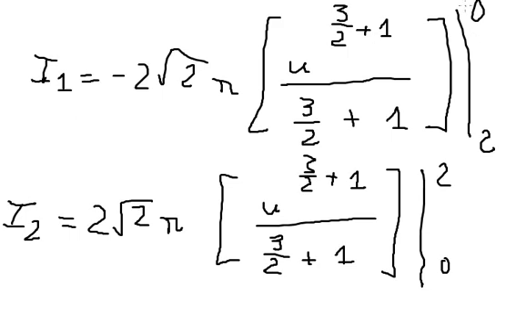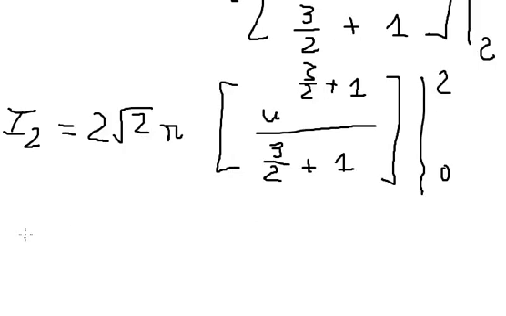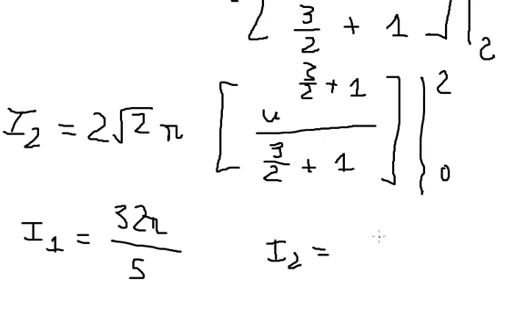So we put number 0 here, number 2 here. If we calculate I number 1, we have 32π over 5. I number 2, that's also 32π over 5.